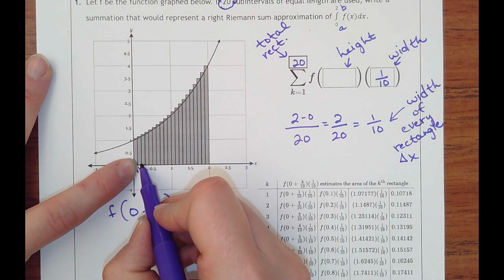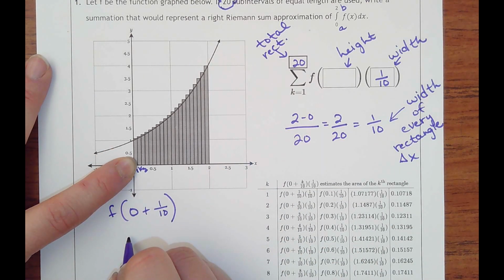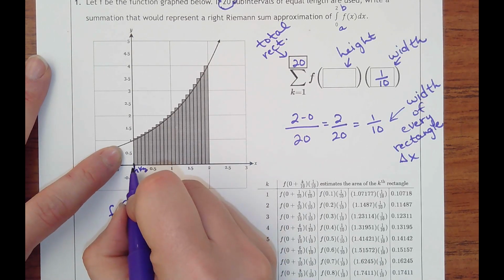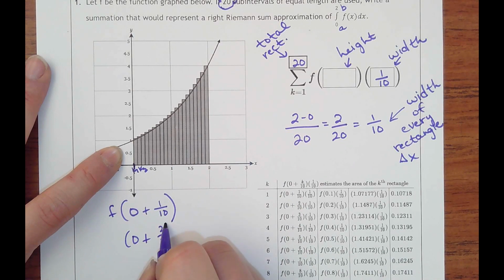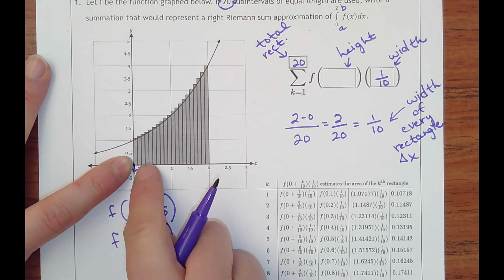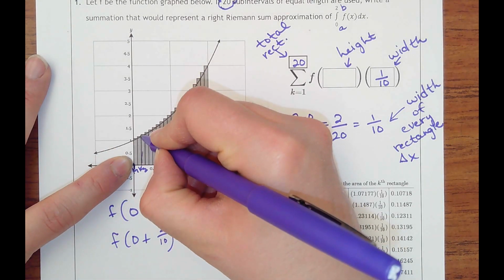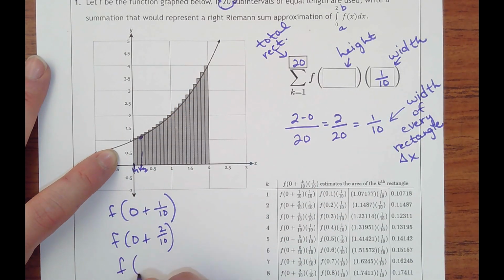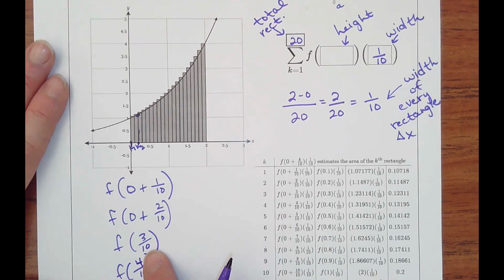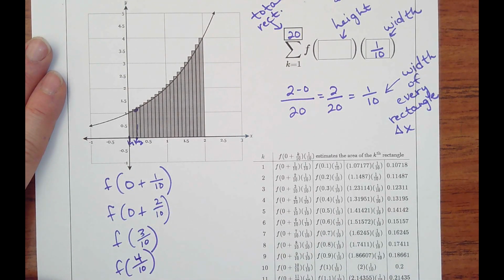The next rectangle over would start at 0, but I'm adding 2 rectangle widths, which is 2/10, and finding the y value of that. So I wanted to find this height at 2/10. The next one would be 3/10, 4/10.